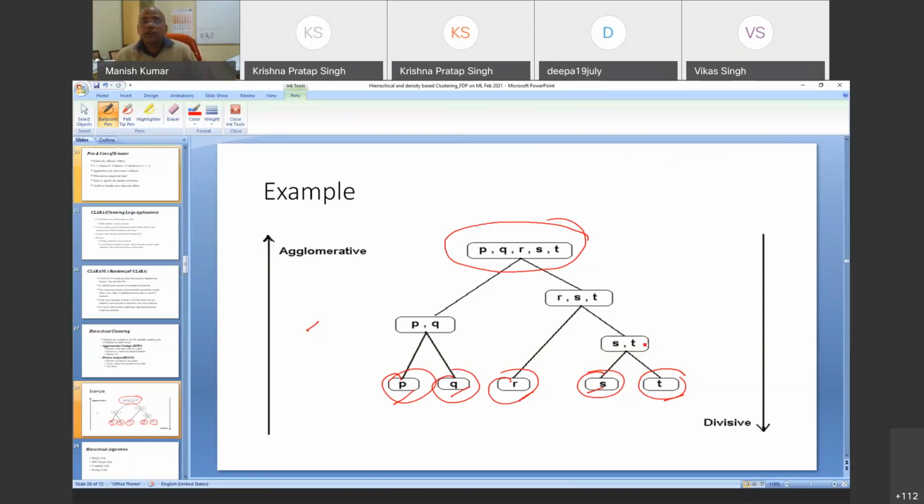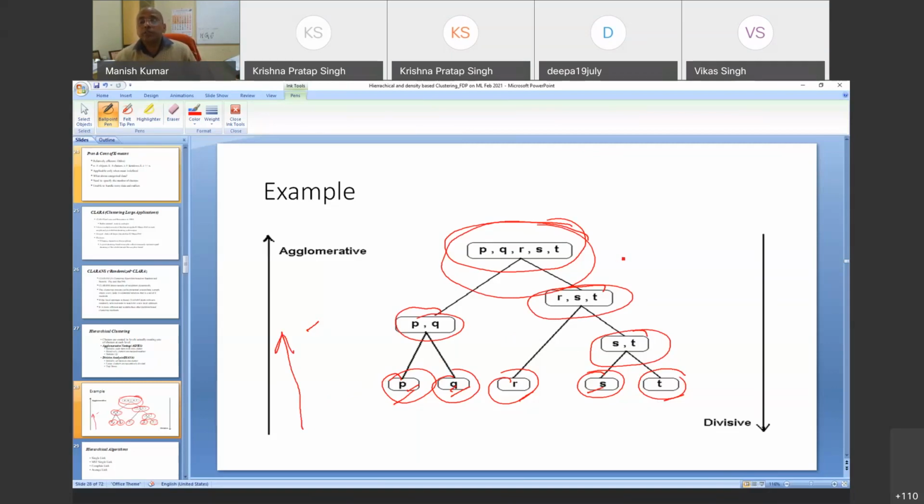In the first case ST is merged, then PQ is merged, then ST is merged with R, and at last you will find that these two can be merged. When you start by assuming that each of these points is a cluster, and you keep merging until you converge to all the points in one cluster, this process is known as the agglomerative process. So, AGNES.